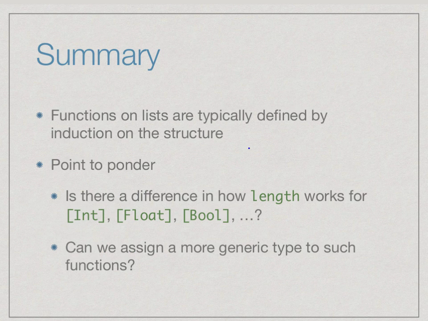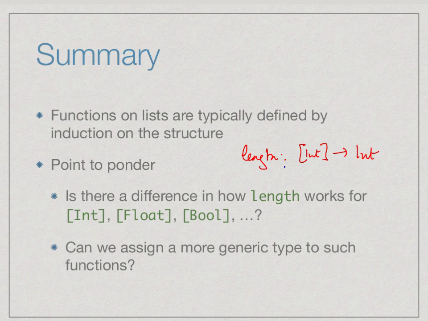So we have seen a number of examples of functions on lists, and almost any interesting function that you write on a list will be defined using the structure of the list by induction. So something that we should think about is when we wrote length, we explicitly wrote a length for a list of integers.